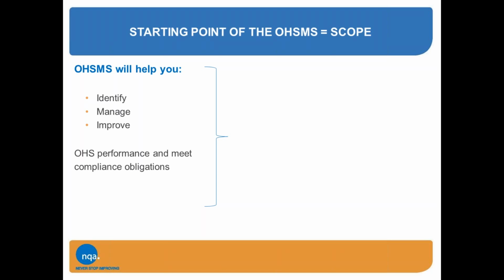The starting point of the occupational health and safety management system should help you identify, manage and improve, leading to improved performance and meet compliance obligations and legal and other requirements.